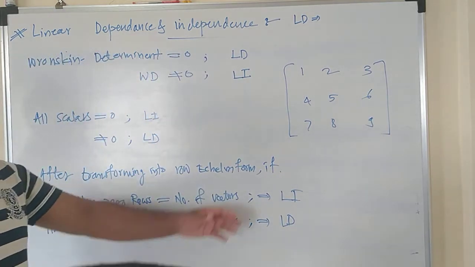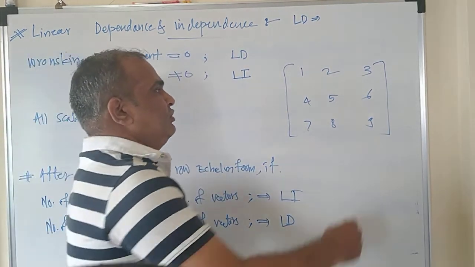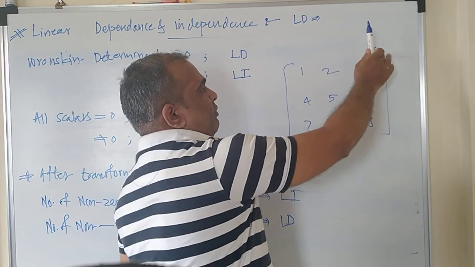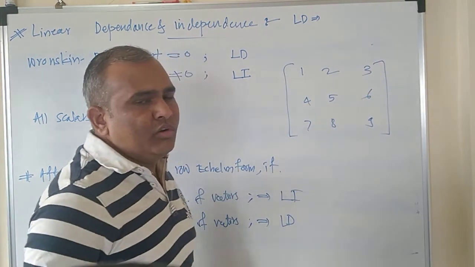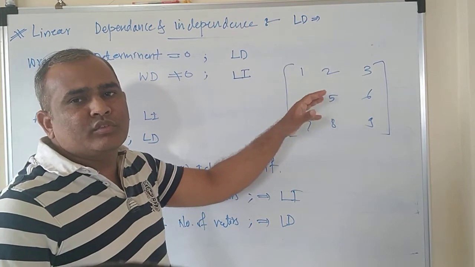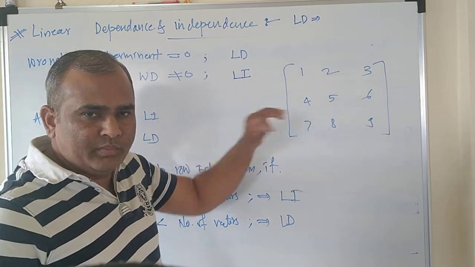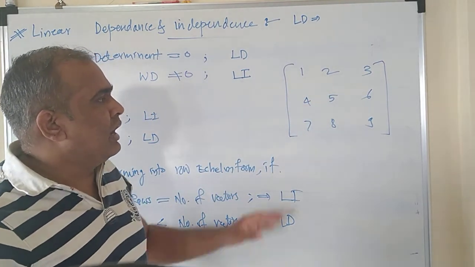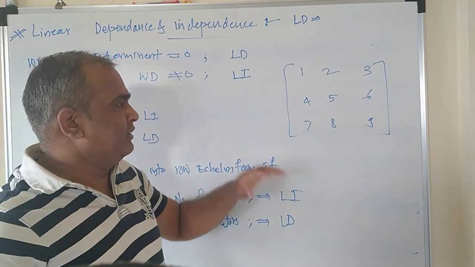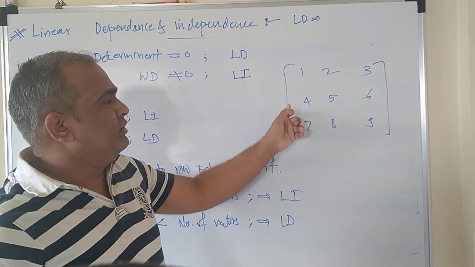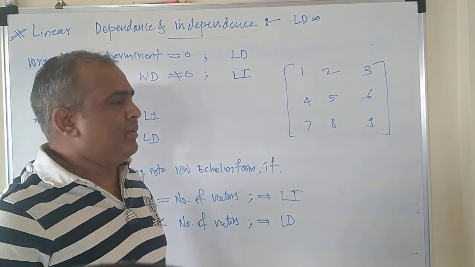If this is your matrix, then this is not in row echelon form. To have the matrix in row echelon form, you have to perform row and column operations on the given matrix, and then this matrix will be transformed into a different matrix.